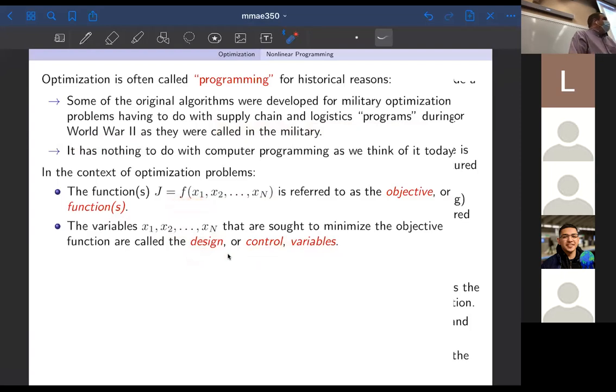I warned you, one of the things that makes this a bit difficult is all the terminology and jargon, and there's often more than one term used for each thing. It depends on the context, so it's just something we have to get used to.